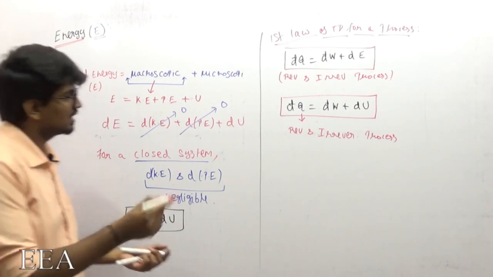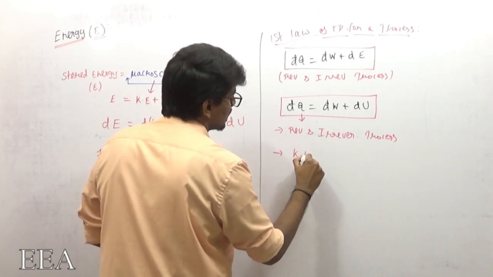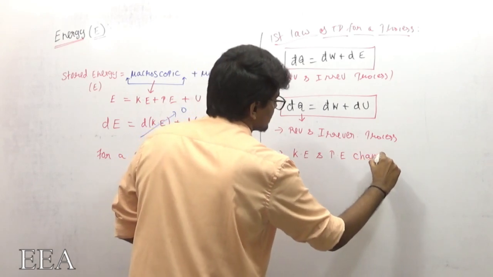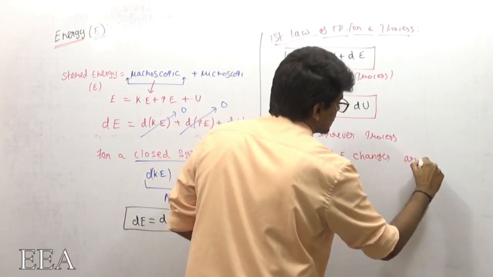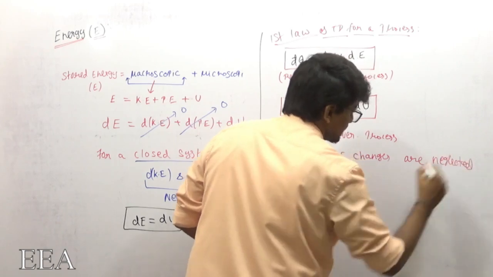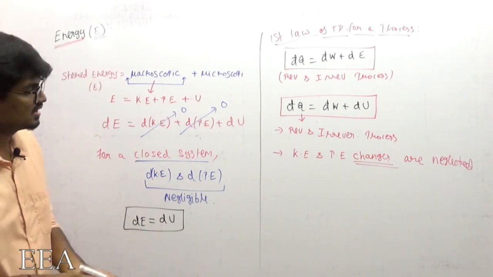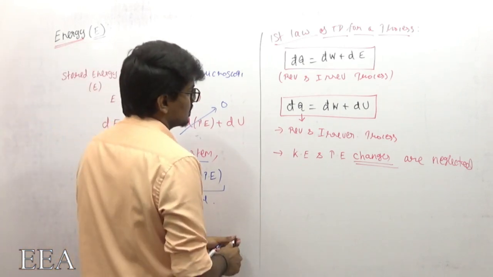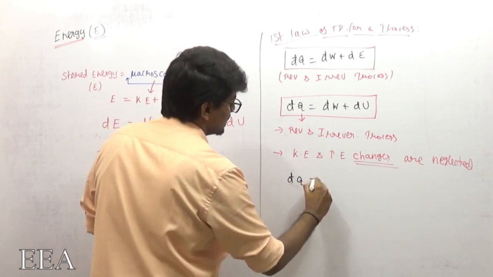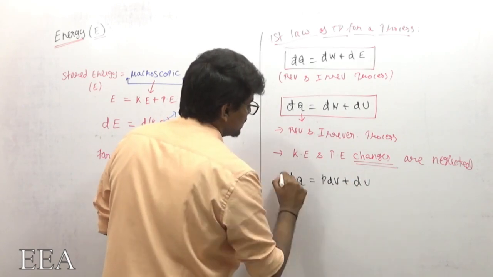But what is the next assumption? Kinetic energy and potential energy changes are neglected. Okay, so just adjust with my handwriting. Now suppose d'Q is equal to P dV plus dU.